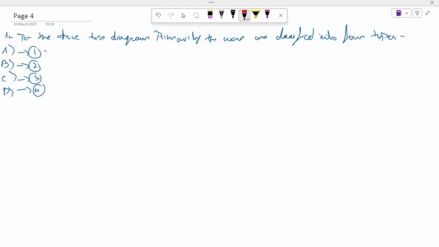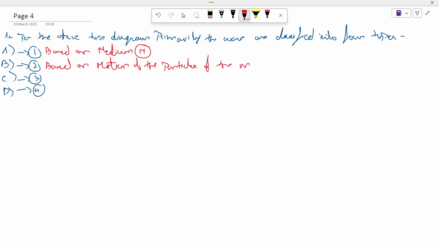So the first one is based on medium, that is M, to memorize. The second one is based on motion of the particles of the medium, that is nothing but MOP.